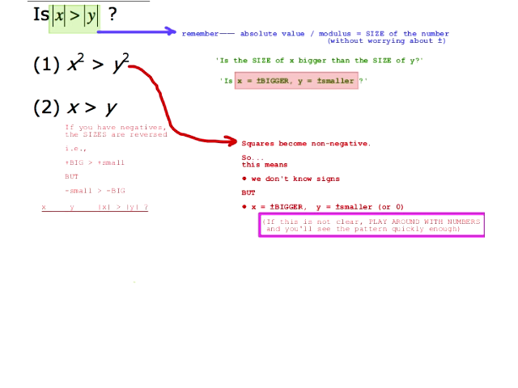You do have to make x bigger than y, so that has to be preserved. If x is 2 and y is 1, then 2 is greater than 1, yes. But if x is minus 1 and y is minus 2, then that's 1 and 2, no. So not sufficient.